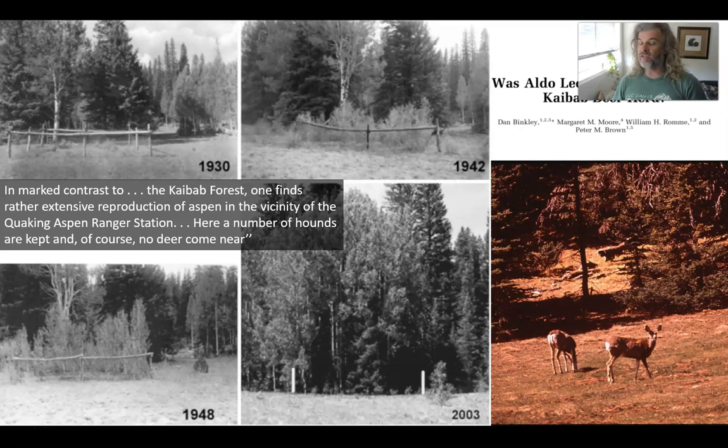Here's a little more information about this and some photos that are really helpful in the paper. This is an unplanned herbivory exclusion. This is a corral that was abandoned, and what you see is that within this corral, which deer would have been restricted from accessing, there's much more significant regeneration of aspen.